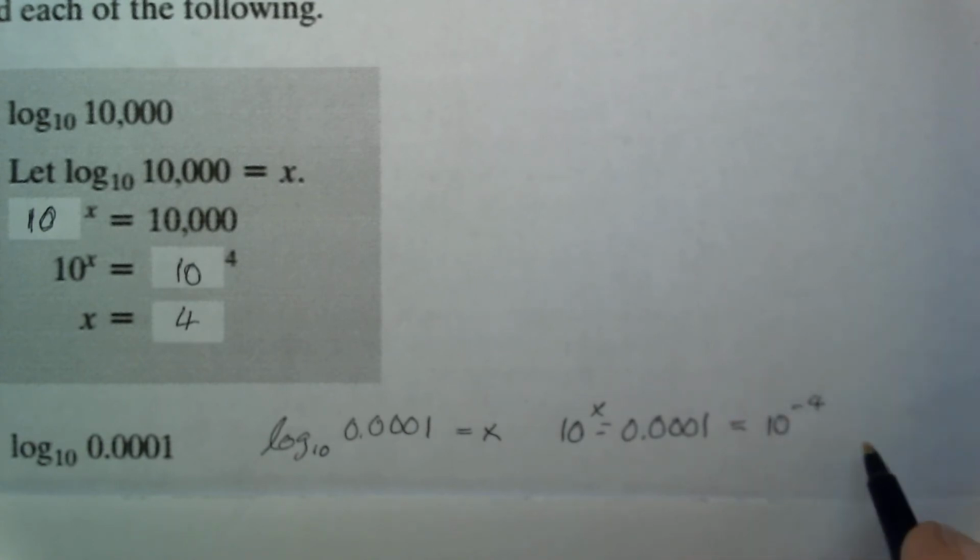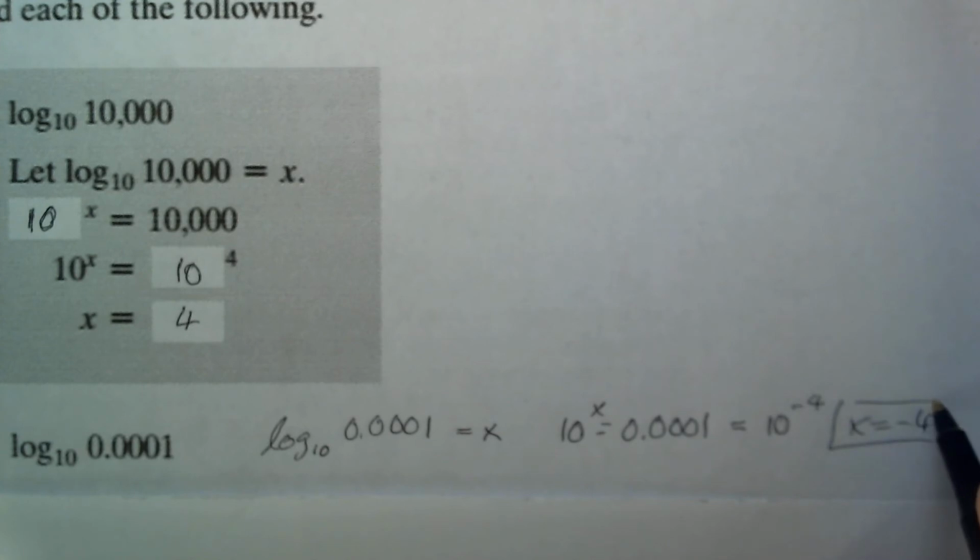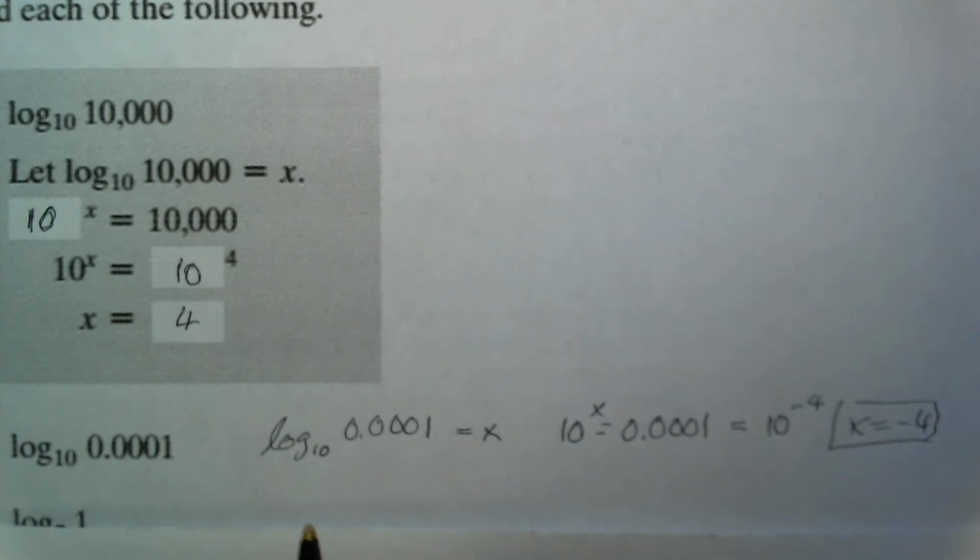Comparing exponents, that tells us that x equals negative 4. Or we can rewrite this as log base 10 of 0.0001 equals minus 4.